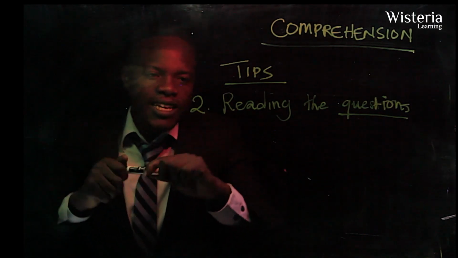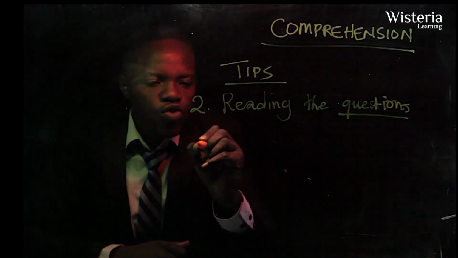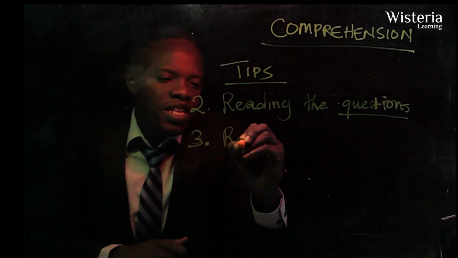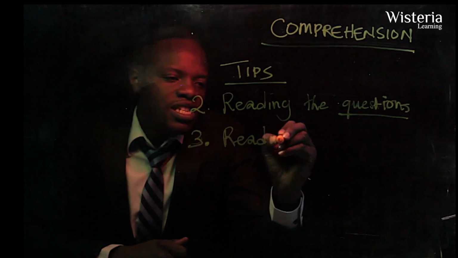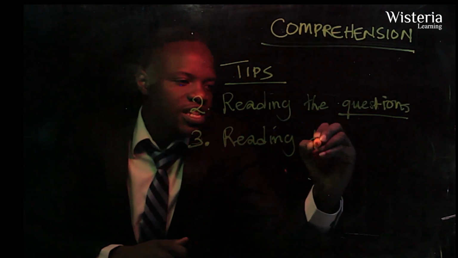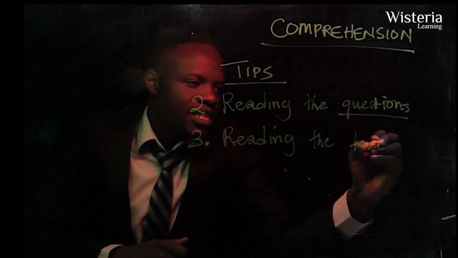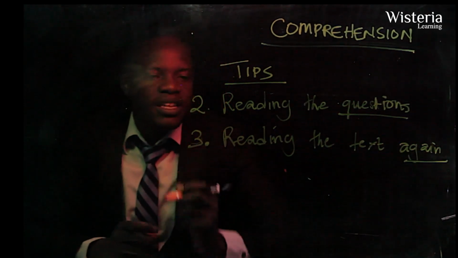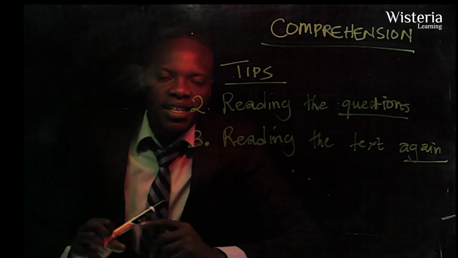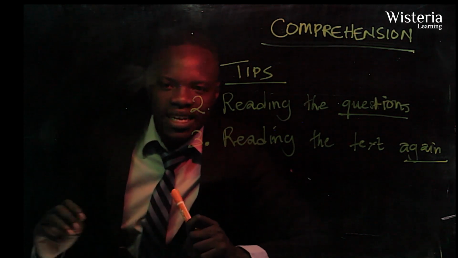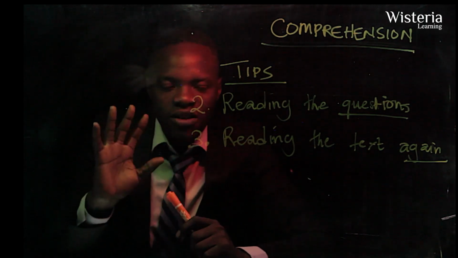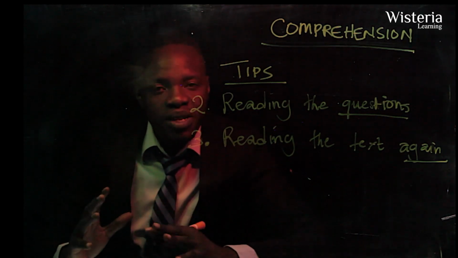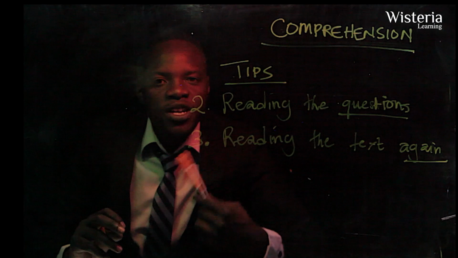The third thing you need to do, tip number 3, is read. Now there's a lot of reading involved. Read the text again. I'm an advocate of reading a particular text twice. That is why in one of my previous videos I did say that you need to set aside at least 20 minutes every day to read.